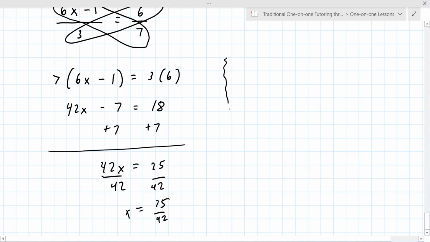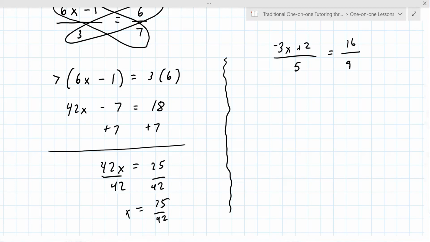So let me write your problem here on the left: negative 3x plus 2 over 5 equals 16 over 9. And I'd like you to solve this on your own, please, or at least give it a try. Okay.